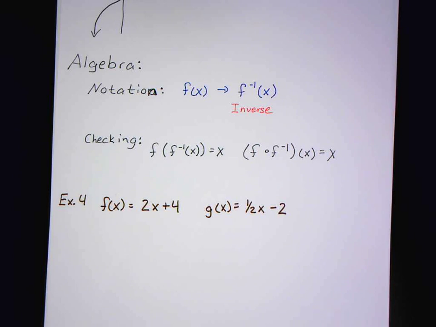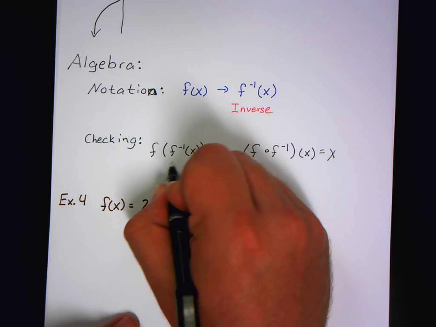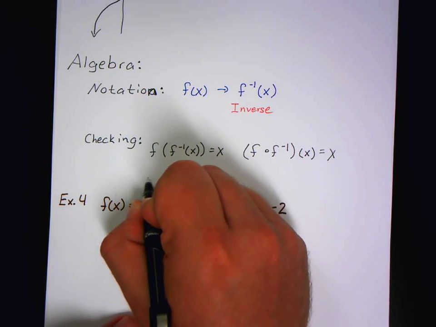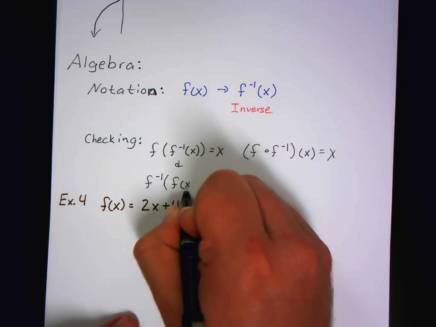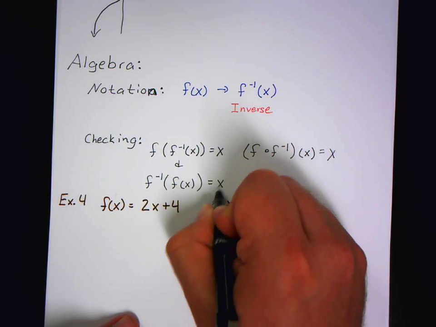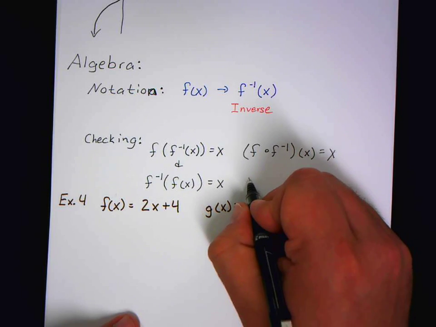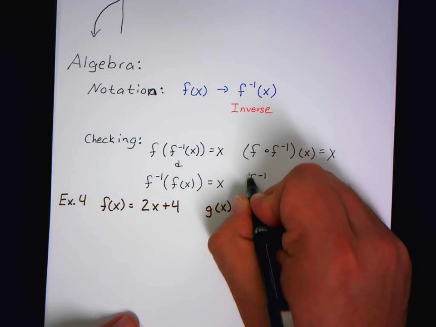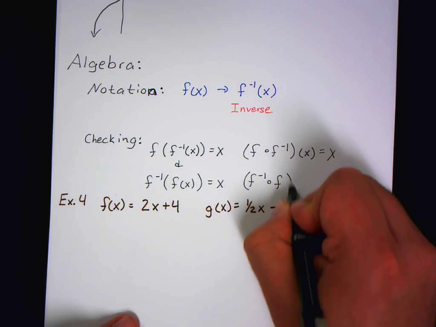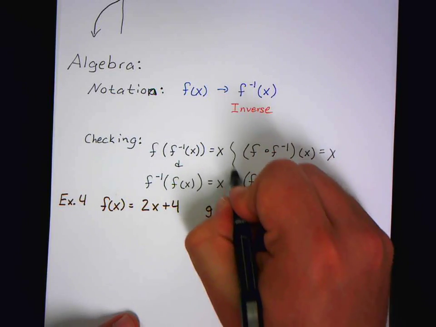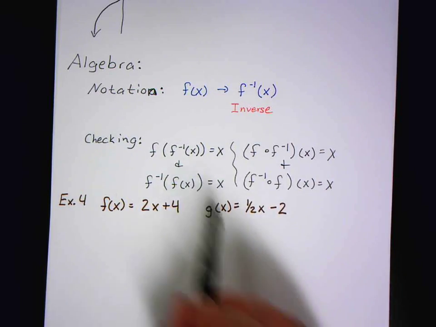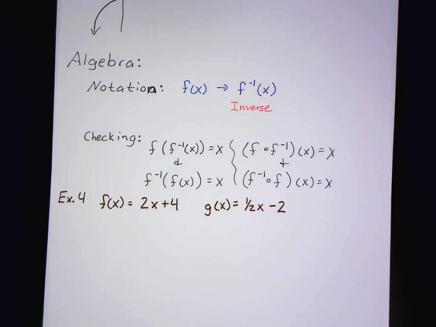Now, the rule actually says that you have to check both directions. I just wrote it down in both different notations. That's the only reason there's two different things there.